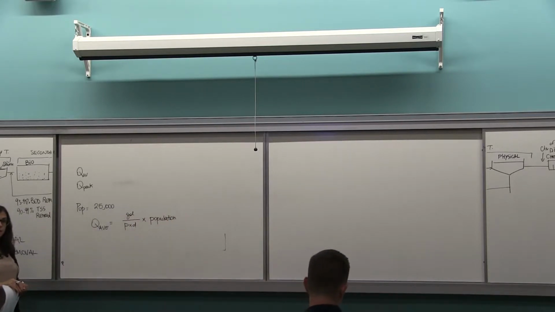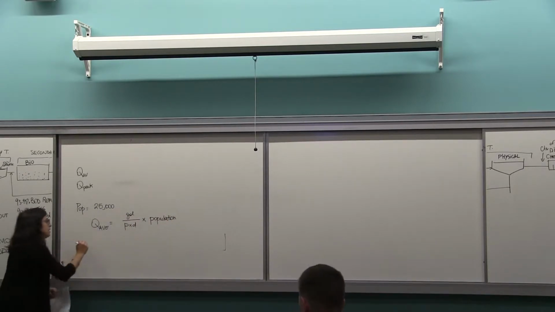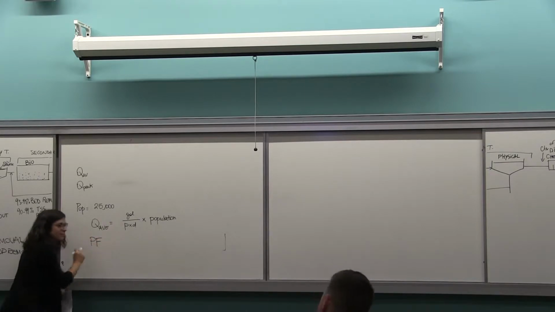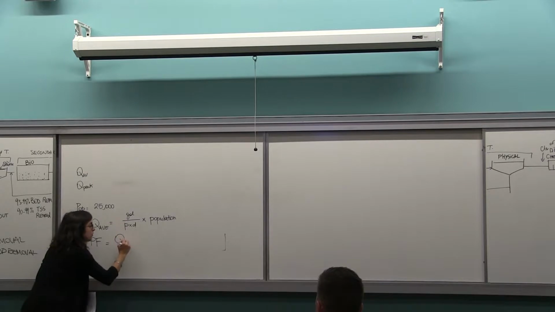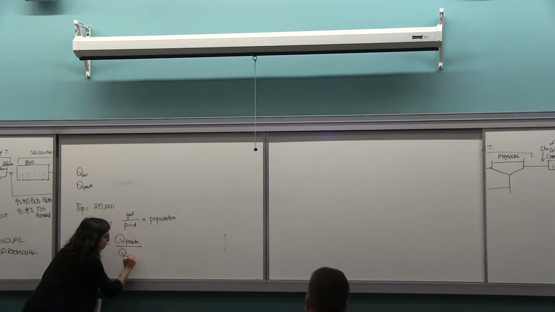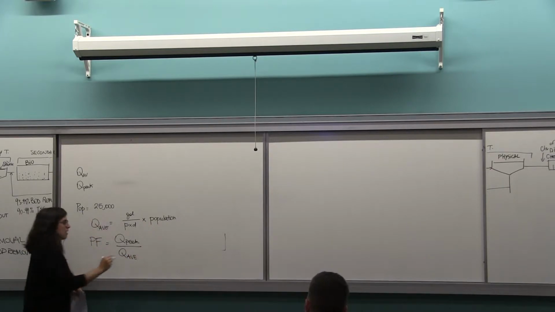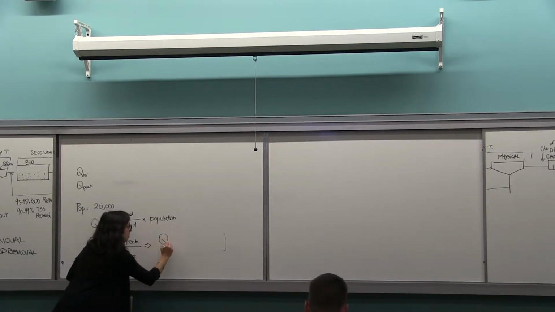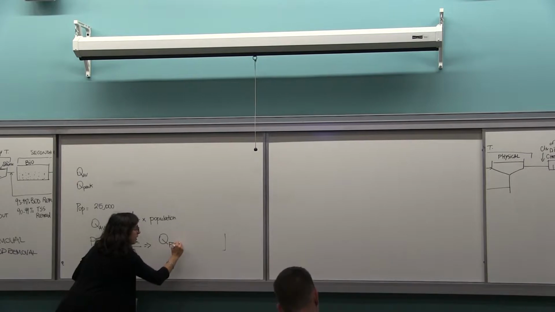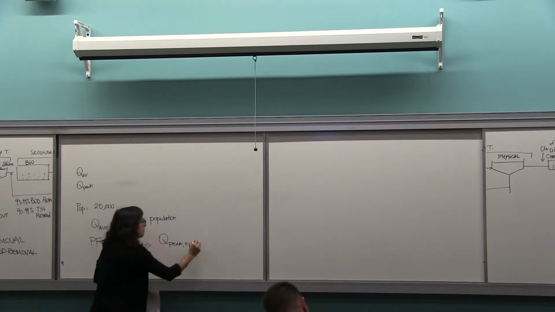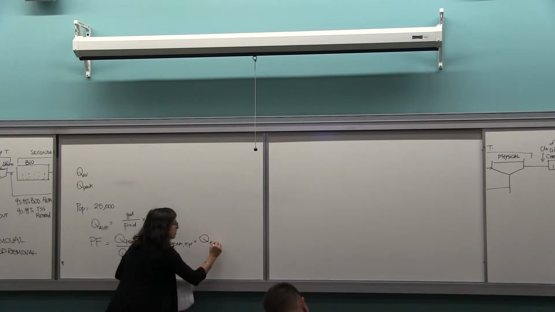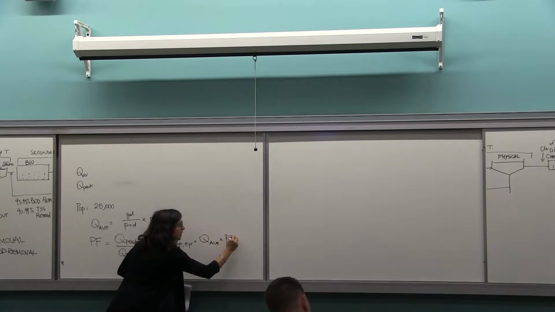This will be the average. The peak factor that is provided to us is Q peak over Q average, which means that the Q peak in 5 years, at the end of the 5 years, is going to be my Q average times my peak factor.